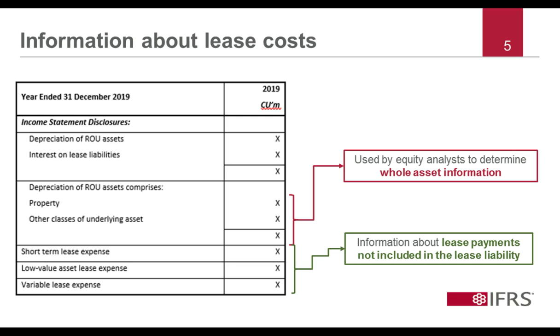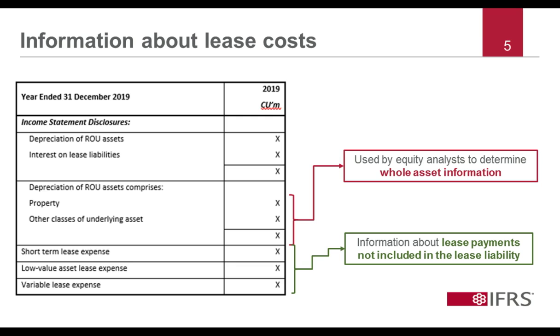By showing depreciation expense by class of underlying asset and also applying some assumptions about the typical useful life of that class of asset, this disclosure is there to enable equity analysts to estimate this whole asset information in a more reliable way than they do today. This in turn then feeds into the comparisons that equity analysts do between companies that lease assets and companies that own similar assets.